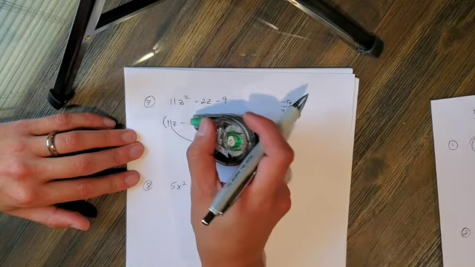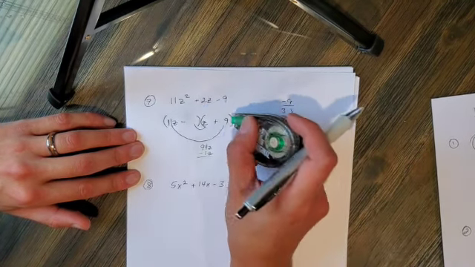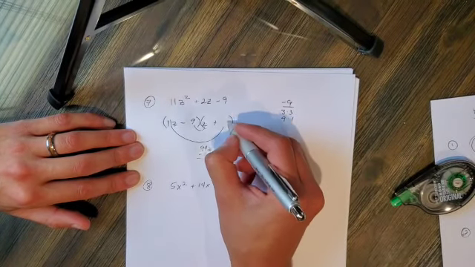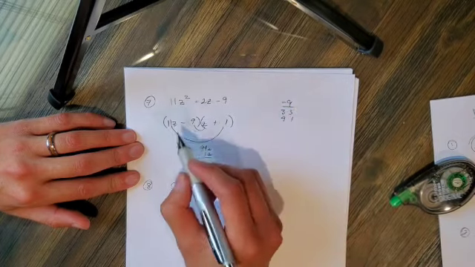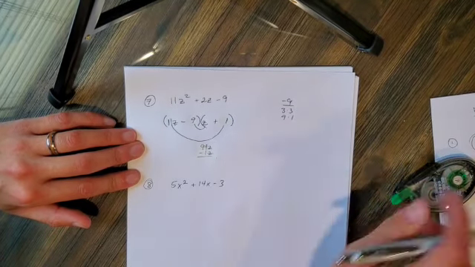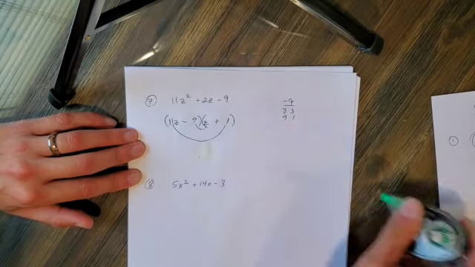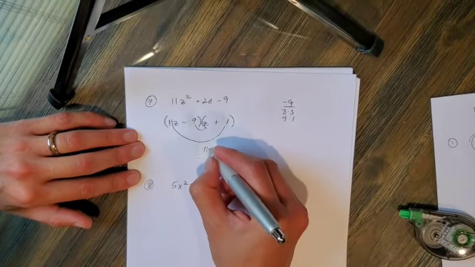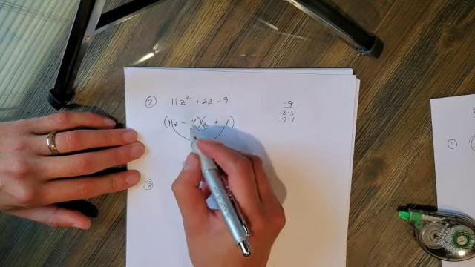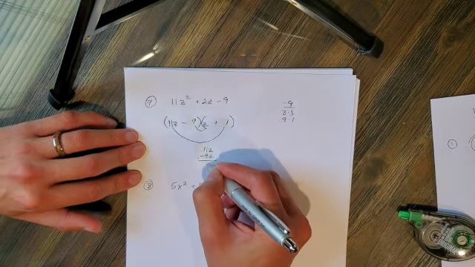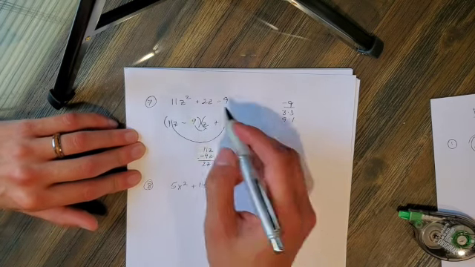So switch the places of the 9 and the 1. That should work. So put the 9 here and the 1 here. Notice here, 11 times 1 is 11. Let me fix this. So that's going to be 11z. Excuse me. And then negative 9 times z is negative 9z. Perfect. 11 minus 9 is 2z. So that's my answer here.